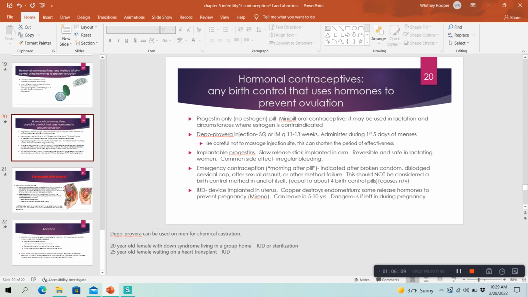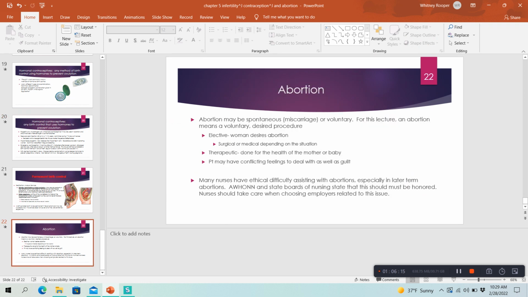I'm just going to say this about abortion. In the term abortion, I want to make clear, the term abortion means the termination of a pregnancy before 20 weeks. Just the word abortion itself doesn't mean elective or non-elective. It just means the end of a pregnancy before 20 weeks. So when you see that GTPAL, the A for abortion can be a miscarriage or it can be an elective abortion.